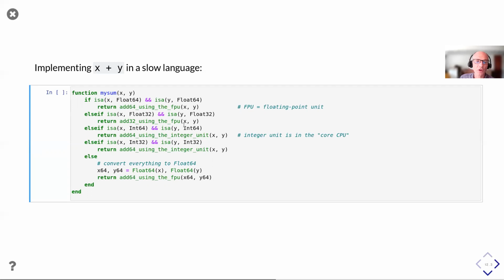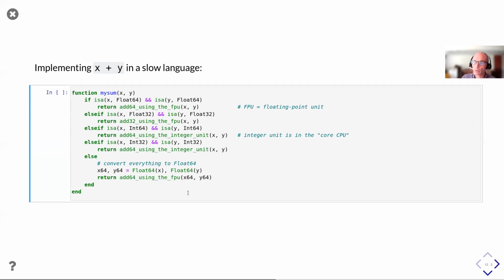If they turn out to be integers, then you call yet a different set of CPU instructions, this time on the core CPU, and 32-bit and so on. And if you test as many cases as you are able to provide direct support for, and all of it fails, maybe it's because they aren't even the same type as one another. In that case, you might convert them both to a common type and then add them.